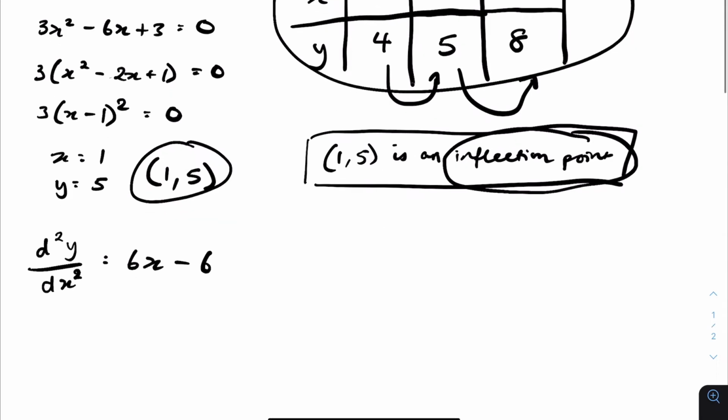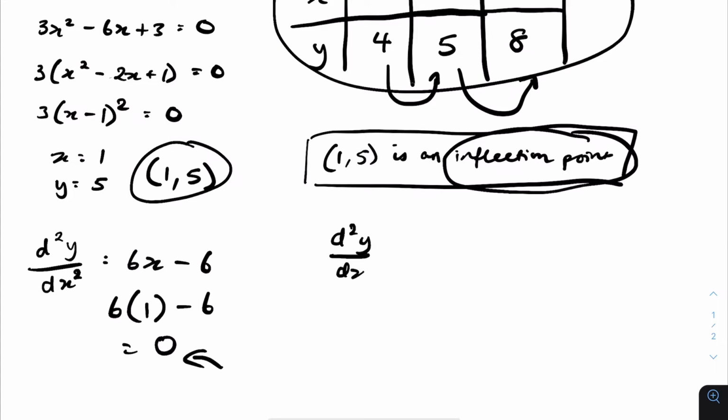So we just substitute the x value into the second derivative, which gives us 6 times 1 minus 6, which is just 0. Now, there are a couple of things we need to know about how to interpret the value we're given. So we're given a value of 0. The way we can tell the nature is if d squared y over dx squared is greater than 0, then it's a minimum.